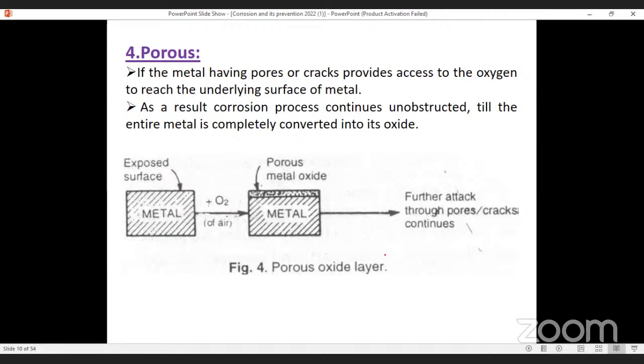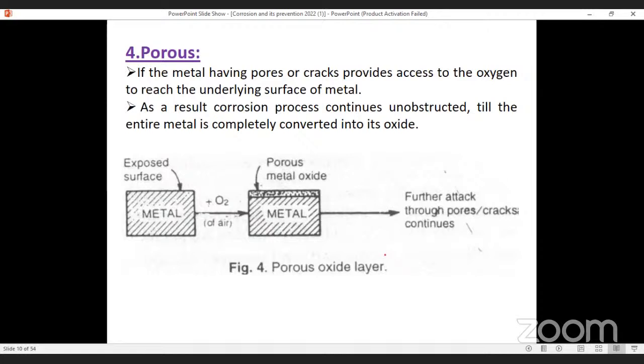The pores or cracks occur on the surface of the metal, and through these cracks or pores, oxygen enters the in-depth level of the metal. Therefore, the metal again forms metal oxide. Like that, the entire metal may decay.